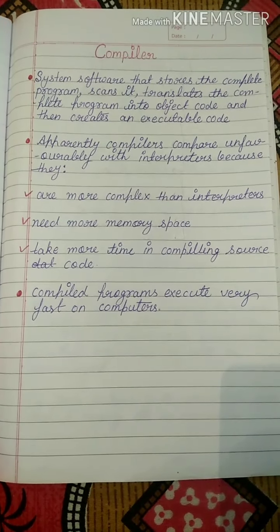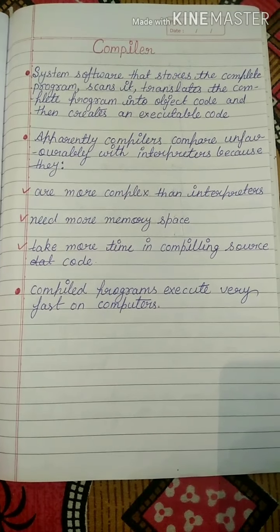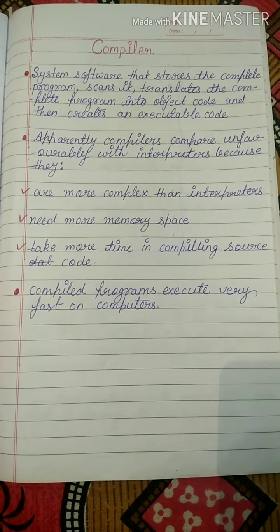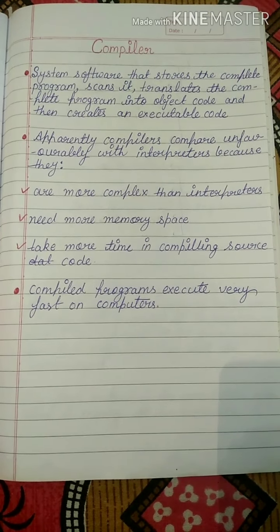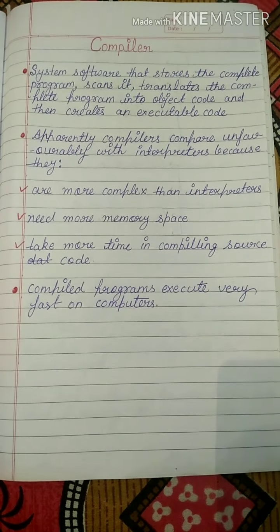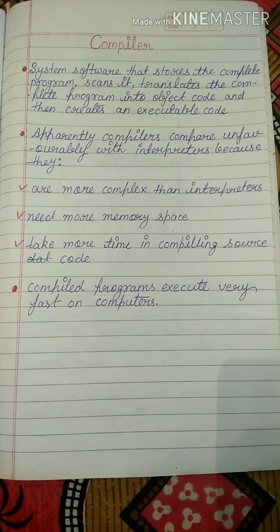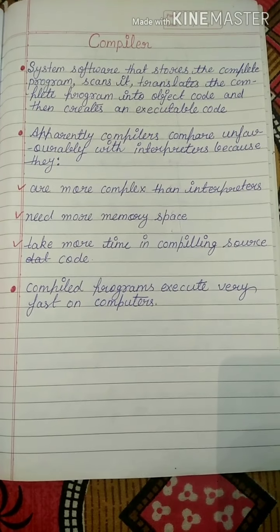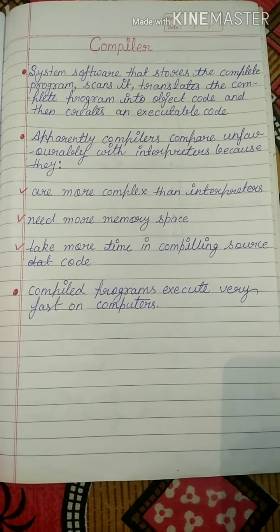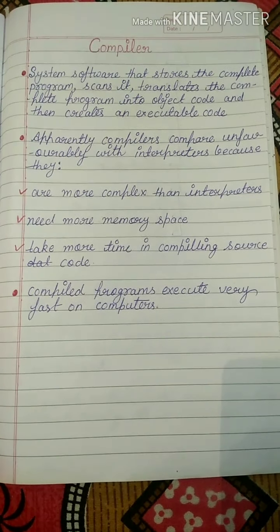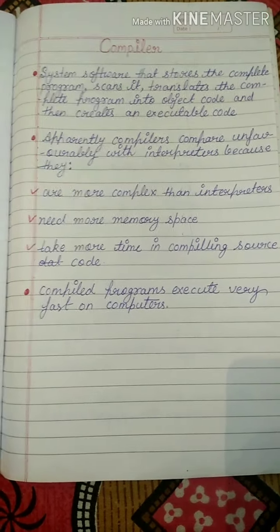Imagine if I just give an interpreted code or a source code or an object code, then what will happen? It has to be converted into executable code at the end of the user. It will take lots of time and any user will have problems with that. Compiled programs execute very fast on computers, like I told you just now.